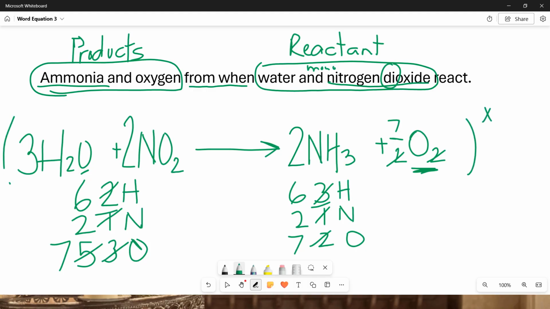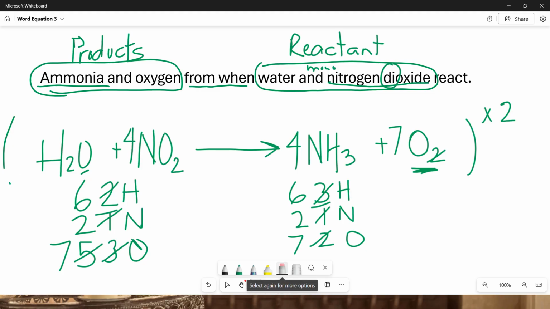So multiply by 2 through everything in the equation, and that will take out that fraction here, and we will have just a 7. Then here we're going to have a 4, and then here we're going to have a 4. And then here at the water, we're going to have a 6.